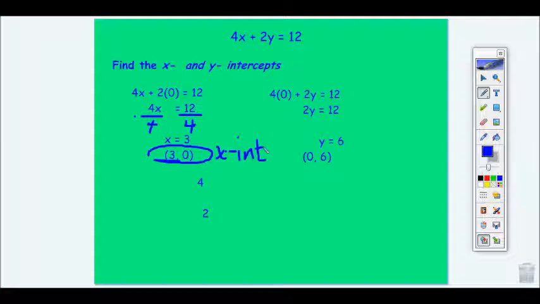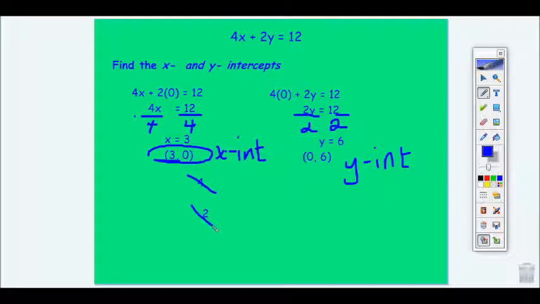For my next one, by my y-intercept, I'm going to put x in as 0. So I would get, simplifying it as 2y equals 12, dividing both sides by 2, I would get y equals 6. So now 0, 6 is my y-intercept. Okay? Let me just get rid of those.